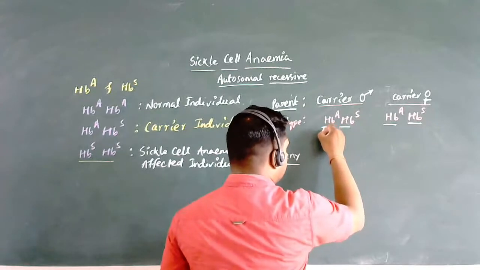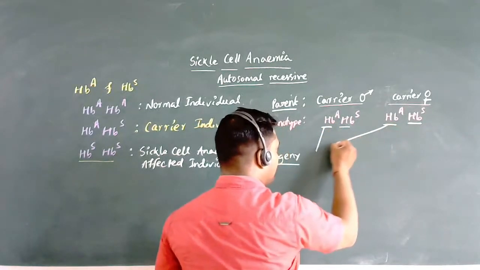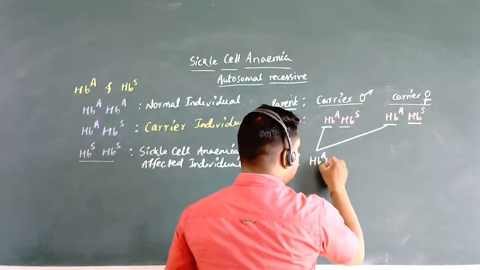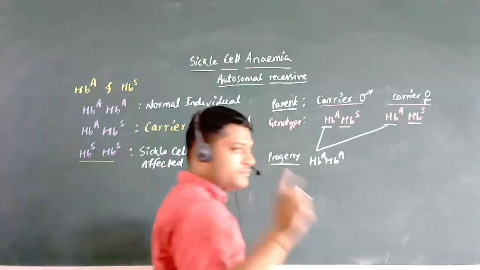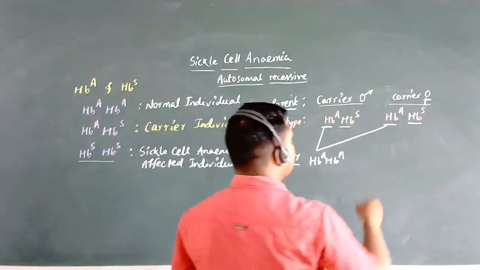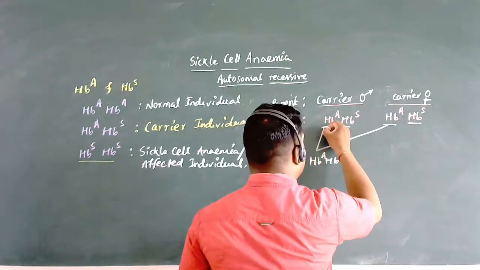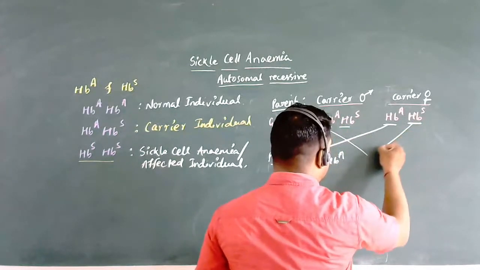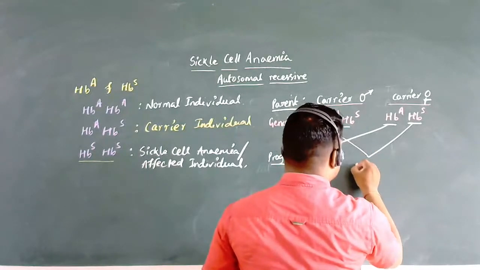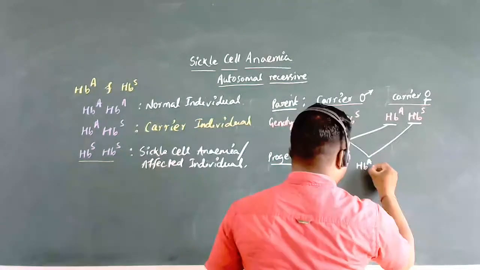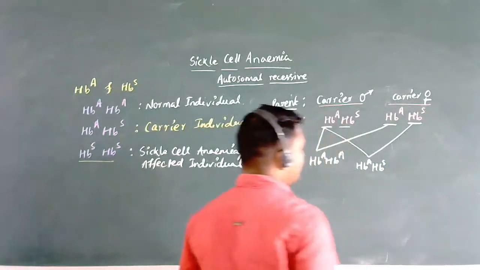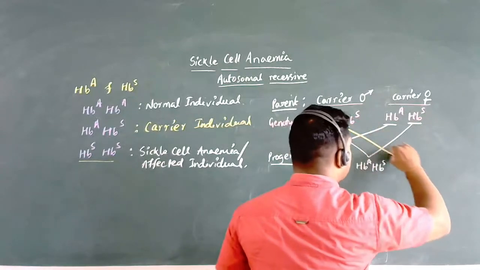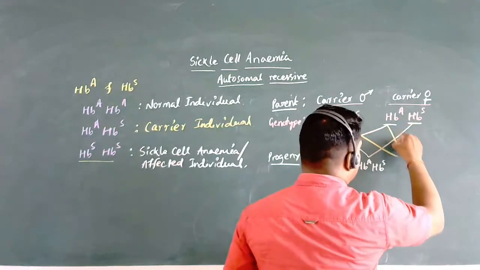So you take one from here and the first one from here, and you get HBA HBA. That is the first outcome. Next, let's take the first allele from the carrier male and the second allele from the carrier female. Now we get HBA and HBS. Now let's take the second allele from the male and the first allele from the female.